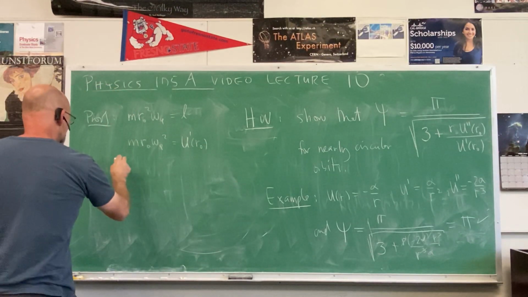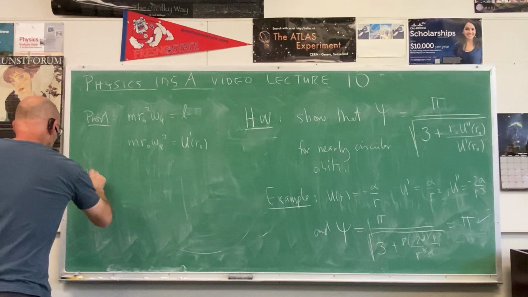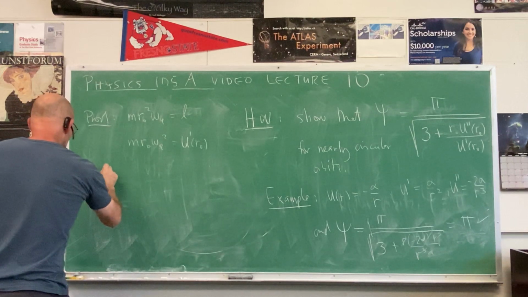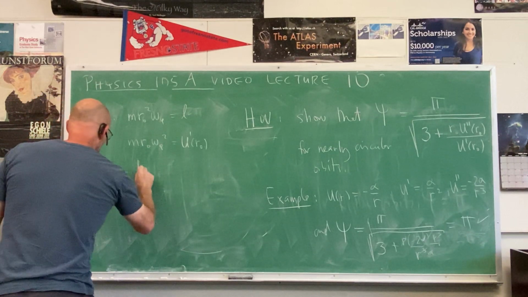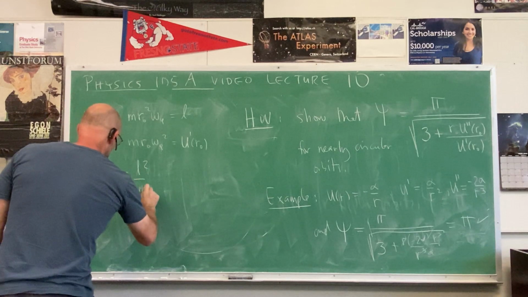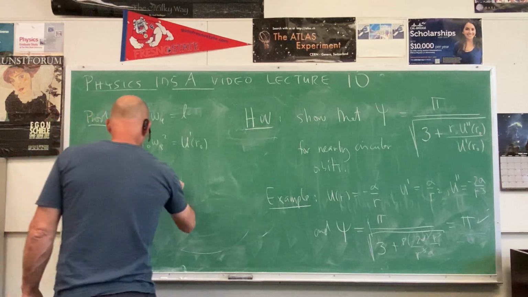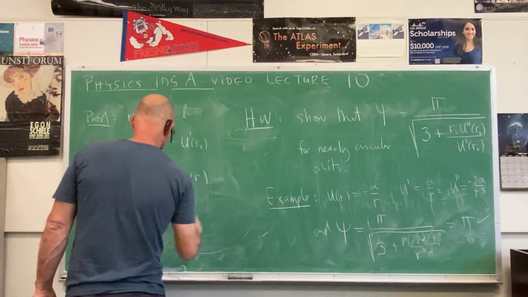And the third ingredient is u effective, L squared over 2mr squared plus u of r.